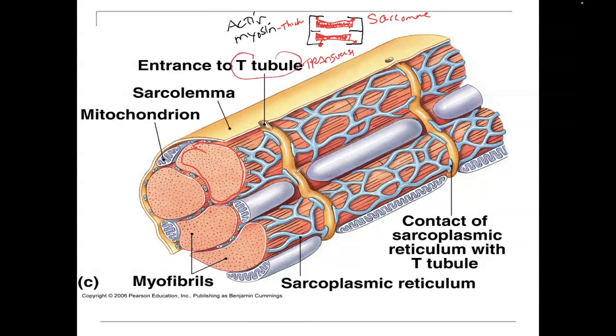So we have a T-tubule, which is where the electrical conduction travels down. And then what connects to it is this blue meshwork called the sarcoplasmic reticulum. All of this blue spider-like matrix-like looking thing, that's the sarcoplasmic reticulum, and it's really important because that is where calcium is stored. So we have calcium storage in this blue stuff.